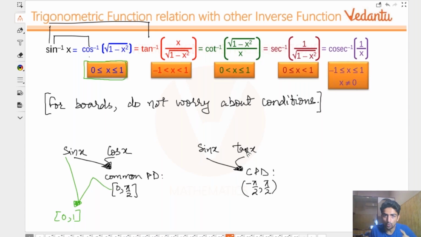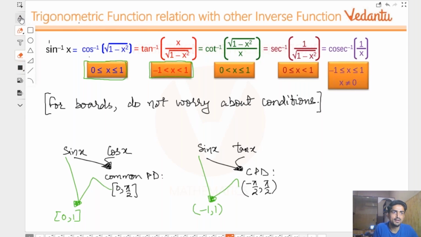The principal domain of tan x is open minus pi by 2 to pi by 2. What is the common part? Open minus pi by 2 to pi by 2. So what are the values of sin x in minus pi by 2 to pi by 2? It is open minus 1 to 1. That is the condition here. Very good, guys.